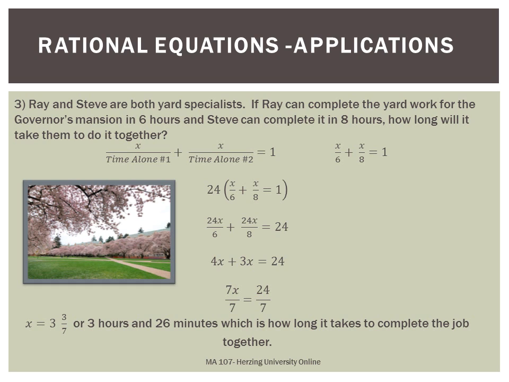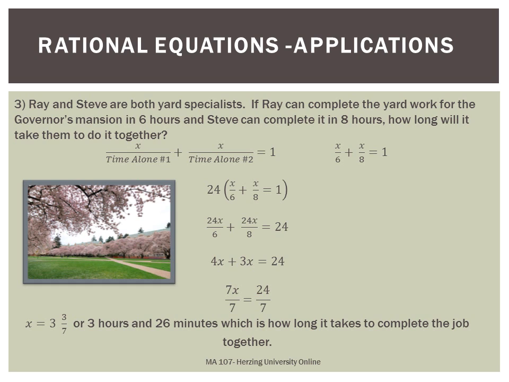Eliminate the fraction by multiplying both sides of the equation by the LCD, which is 24. 24 times x divided by 6 plus x divided by 8 equals 1. Next, distribute the 24 to each term inside the parentheses, and the result is 24x divided by 6 plus 24x divided by 8 equals 24.